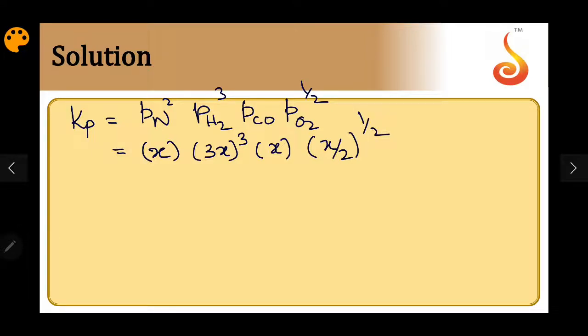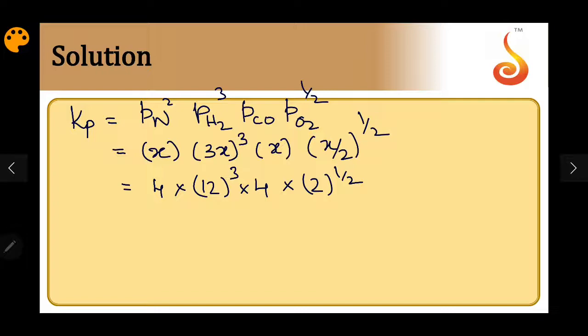So we know x as 4. So Kp is equal to 4 into, 3 into 4 is 12, so 12 cube, this is again 4, and 4 by 2 is 2, to the power half.